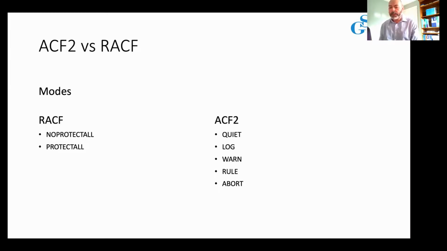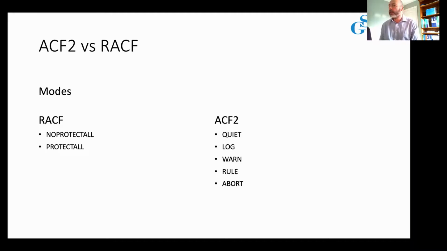So once you freshly install RACF, you can log on and do what you like, and your system programmers and system architects will start to create rules to protect your system. Once they are happy that it's in a state of near perfection, shall we say, they can switch the mode to protect all, which means the system will automatically check and reject any request for access to a data set that is not RACF protected.